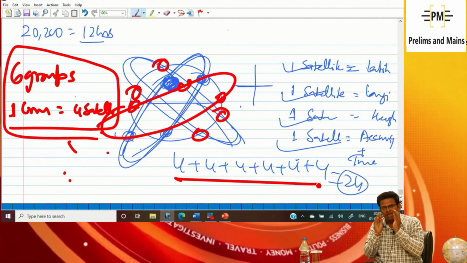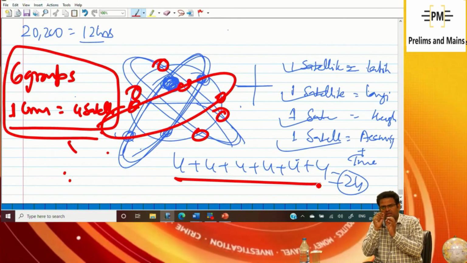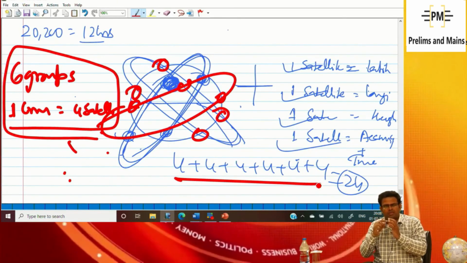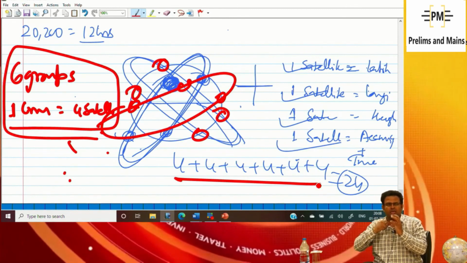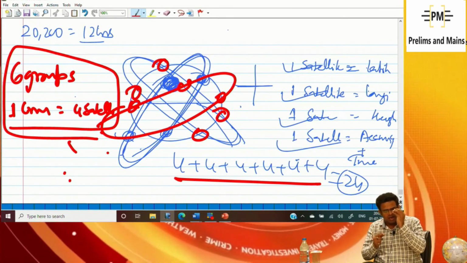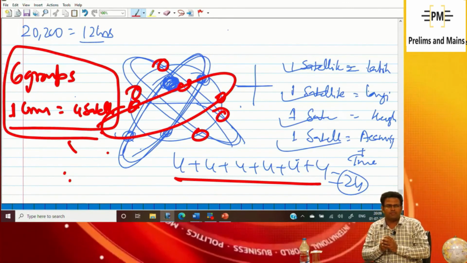They are giving good signals, good pictures, position, navigation, time, but the problem is there: when one satellite goes and another satellite comes, there is some kind of time delay, and that causes some problem, okay.